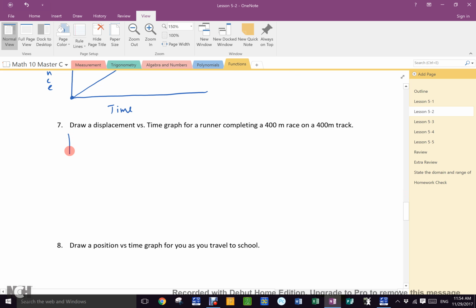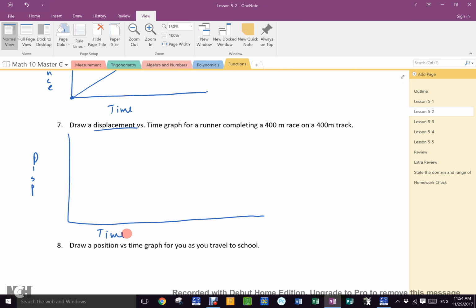What is different with number 7? It says displacement, which is what? A vector, right? It's got a direction and a distance. So now I've got displacement over here and time. Now this depends on the kind of track you say you are running on.